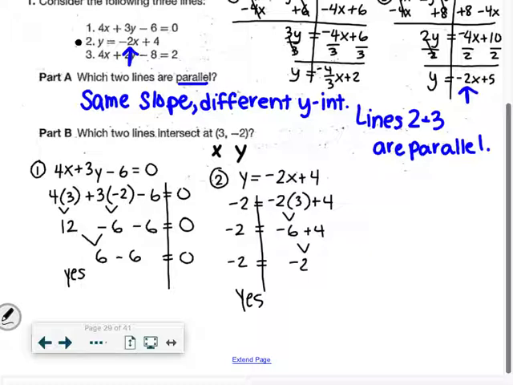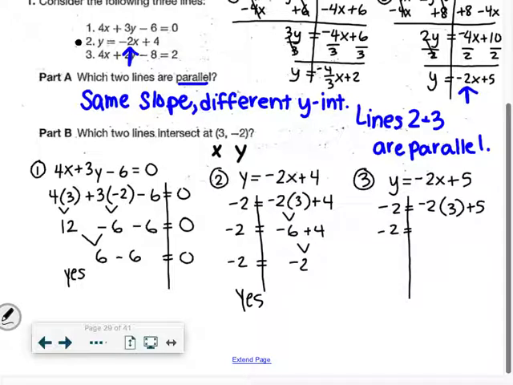If I check line number 3, I'm going to use my rewritten equation for this one. So I plug in negative 2 for y, 3 for x. I check to see if this one's true. Negative 2 times 3 is negative 6, plus 5 is negative 1.